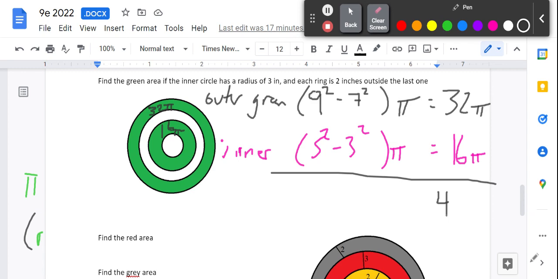So all the green together has an area of 48 pi. All right, and 48 times 3.14 is about 150.72.